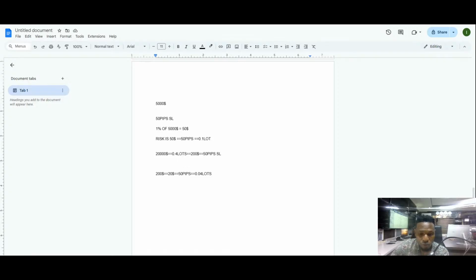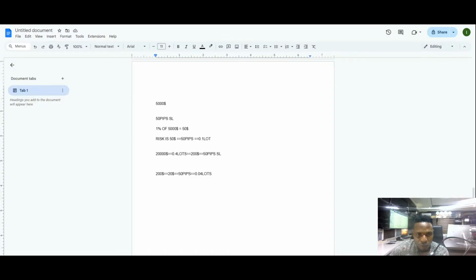You can also just type on Google pips calculator or lot size calculator. It will give you the answer. We have so many of them online that you can use to do the calculation without doing all these calculations I'm doing here. But I prefer doing all these things myself.